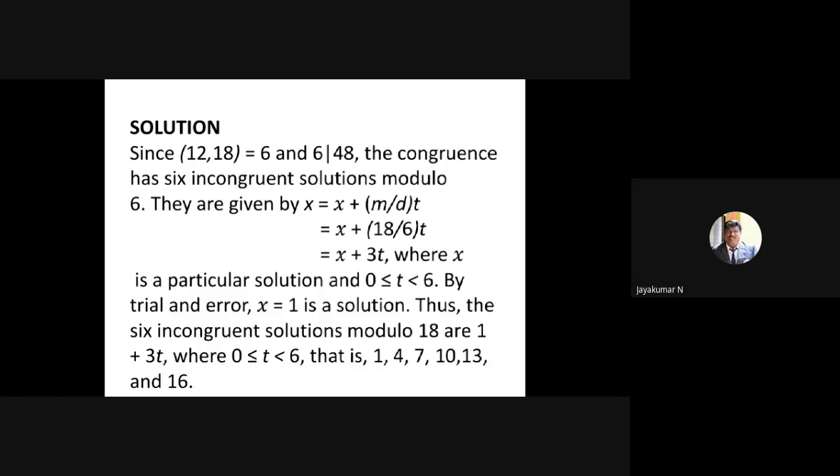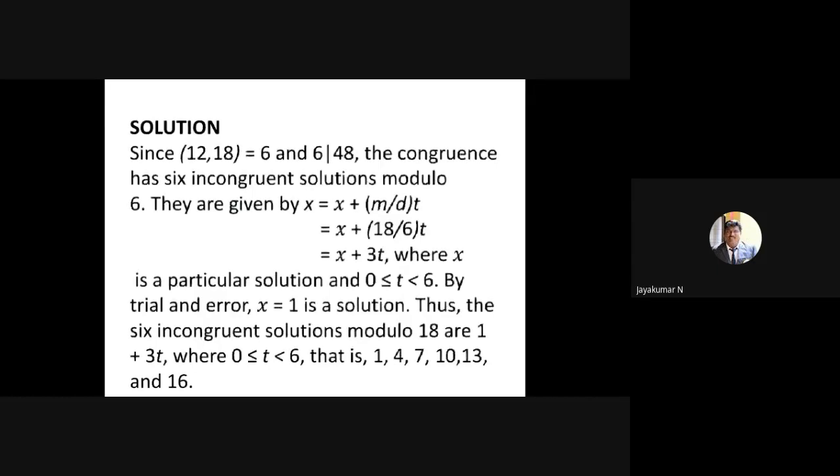Then put t equal to 4, 4 into 3 is 12, 12 plus 1 is 13. Then t equal to 5, 3 into 5 is 15, 15 plus 1 is 16.